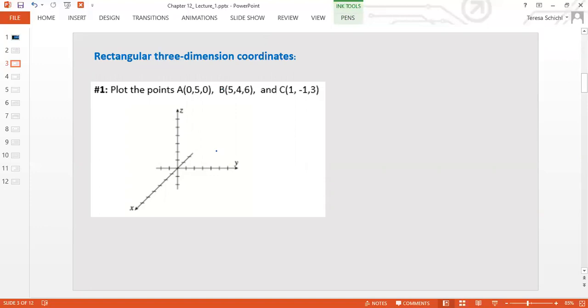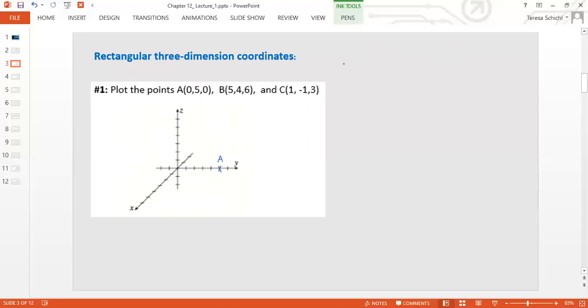That means x is equal to 0, since the first coordinate is always x. Then y is equal to 5, so it's 1, 2, 3, 4, 5. Then z is equal to 0. So this is my point A.